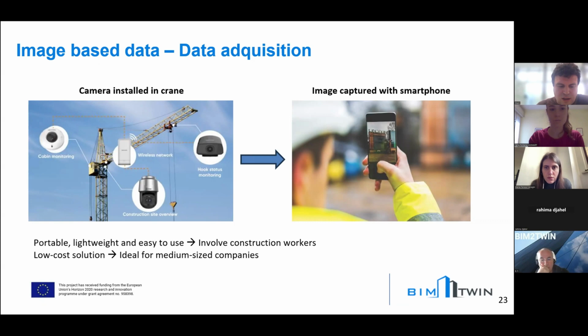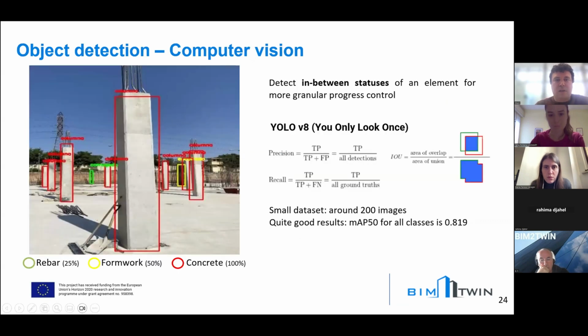For progress monitoring, we developed a web platform with the idea to create a low-cost solution that would be ideal for small or medium-sized companies. For automatic detection, we use computer vision, and we try to present an approach that can identify a greater granularity than other computer vision solutions.